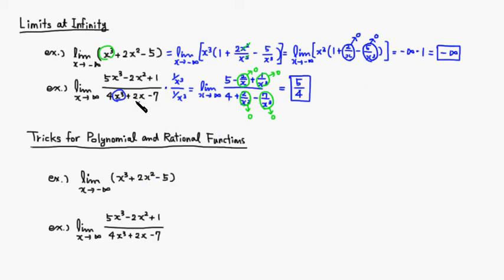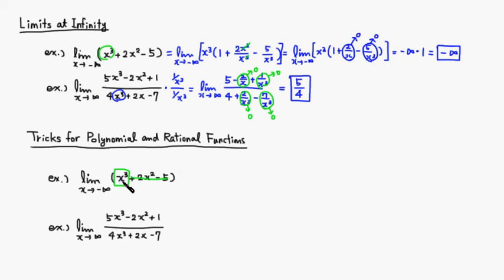When you take the limit at infinity of a polynomial function, all you really have to do is look at the leading term, then ignore the rest of the terms. Then think about plugging in a negative big number.